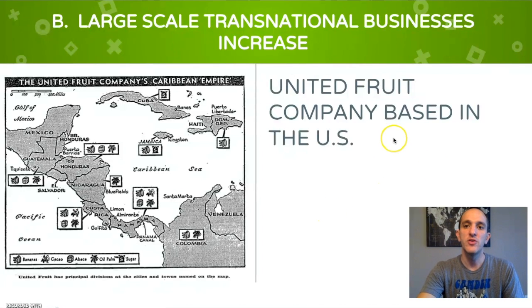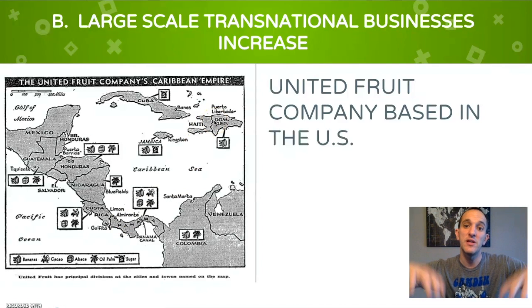An example here is a U.S.-based company called the United Fruit Company, which mainly produces bananas, and they are going to set up and buy land throughout all of Central America for bananas. So you'll see here in Guatemala, in Honduras, in Costa Rica, down here in Panama, they buy up land. Dominican Republic, they buy up this land.